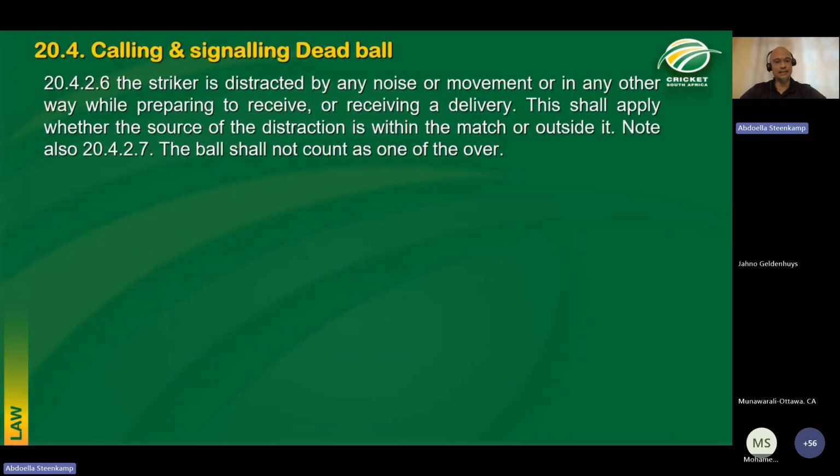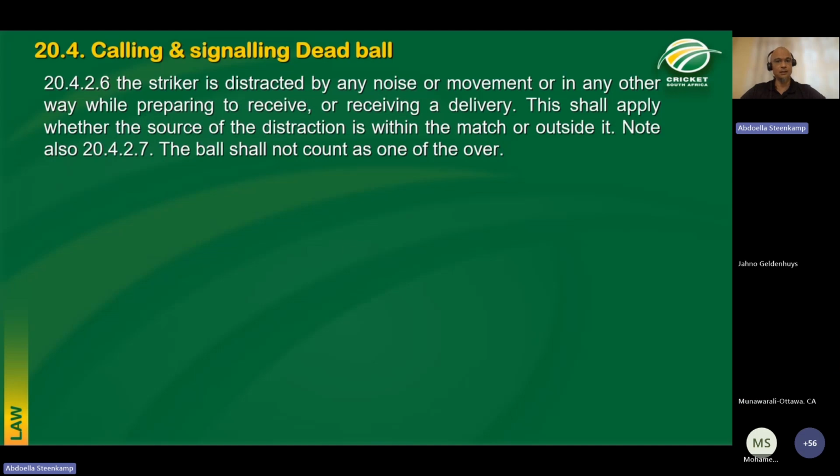If a striker gets distracted by any noise or movement or in any way while preparing to receive a delivery, call and signal dead ball. Someone walking in front of the side screen while the bowler is running in, that's an example of the striker getting distracted by the movement behind the bowler's arm.